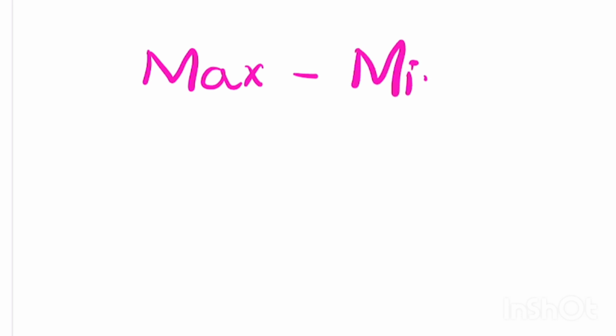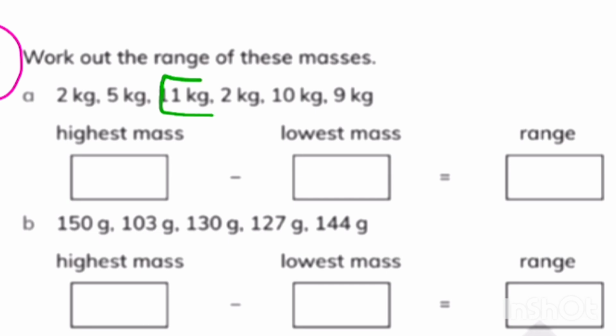In question 2, we are asked about range. How to find range? Range is maximum value minus minimum value. The maximum or highest value given in the question minus the minimum or lowest value given in the question. This is the formula of range. Let's see our question. The maximum value given here is 11. This is the highest mass and the minimum value here is 2.